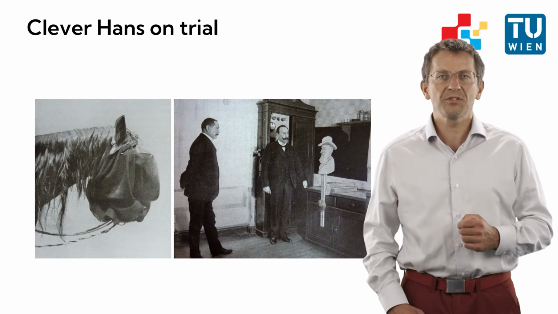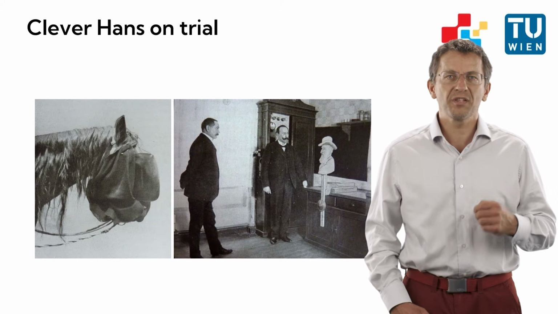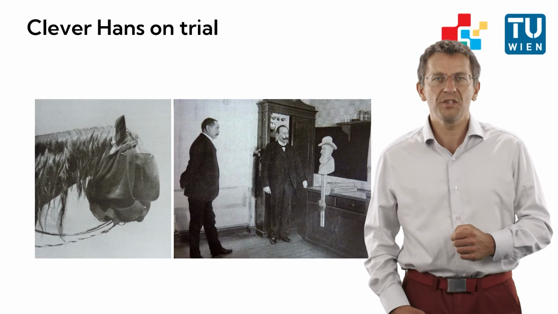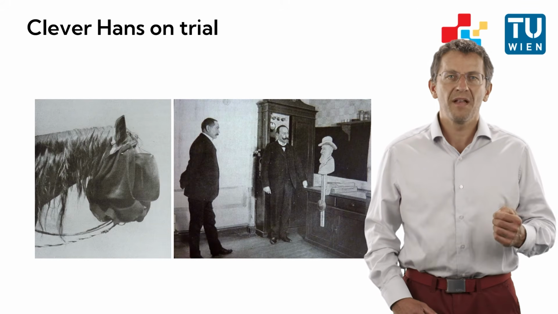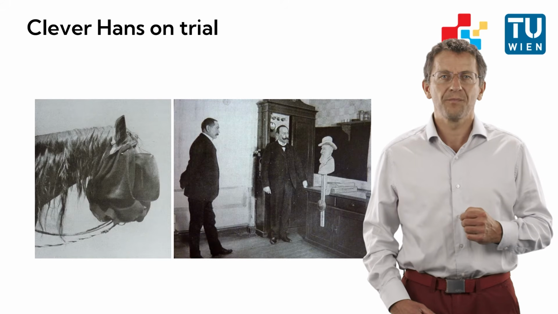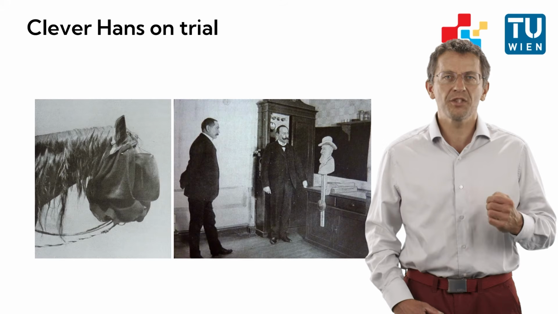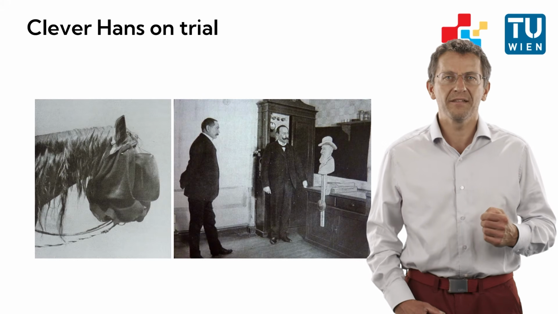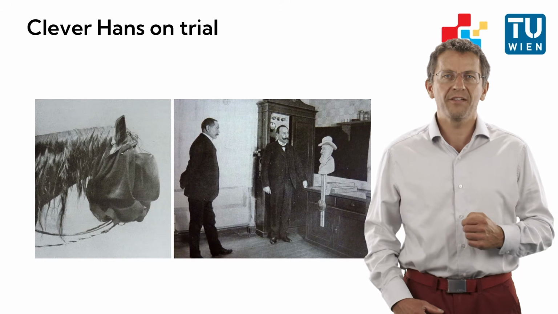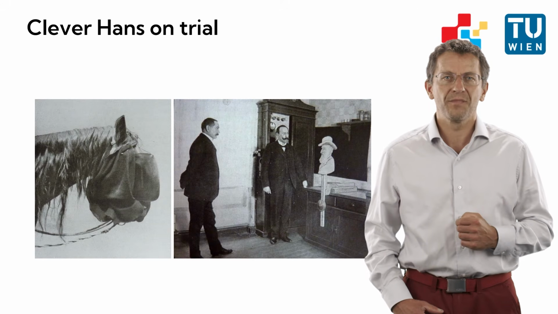Remarkably, in 90% of cases, people gave away subtle cues, shifts in posture, changes in facial expression, that revealed the correct answer. As the horse's taps approached the right number, the questioner's tension visibly increased, only to relax when the final tap landed. Hans had simply learned to read those cues, not the calendar or arithmetic.